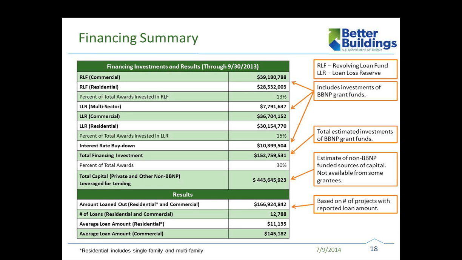So that's what that number represents. It's an estimate, and it changed a lot depending on the grantee, but it's an estimate of how much private capital, other than Better Buildings funds, was leveraged using loan loss reserves and other approaches.